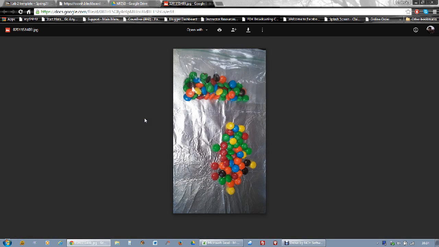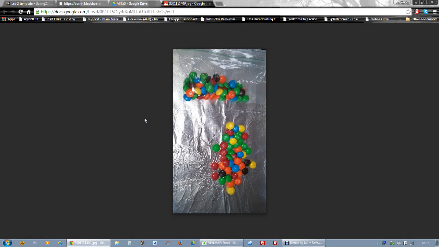For class, I bought a large bag of M&Ms, and using my kitchen scale, which has an accuracy of plus or minus a half a gram or plus or minus 1/16 of an ounce, I weighed out individual servings of 42 grams or 1.5 ounces.